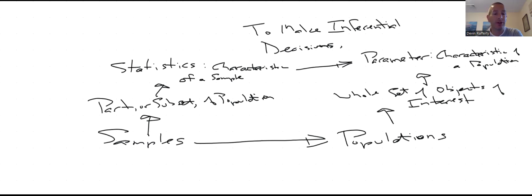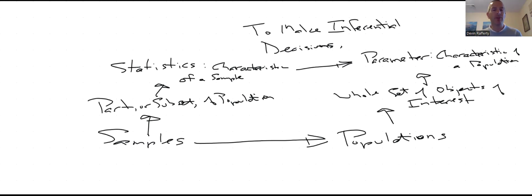Maybe we look at what their average speed is, say that it's 70 miles an hour. And then if the average speed there is 70, maybe we say, you know what? I'm going to make the inference that the average speed of all the cars on the New Jersey Turnpike is 70 miles an hour. So, based upon my limited knowledge, my limited sample, which is a portion of the population, right?